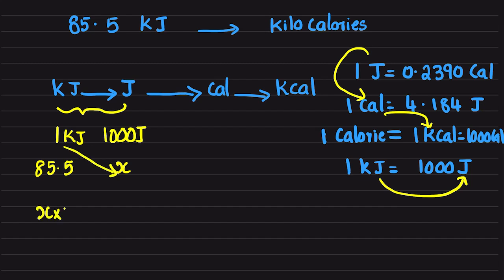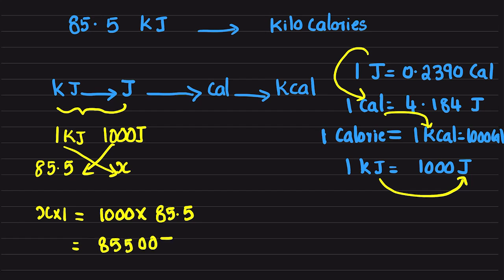X times 1 equals 1000 times 85.5, which is equal to 85,500 joule. This is part 1. Now what we have to do? We got joule, we need to convert joule to cal.